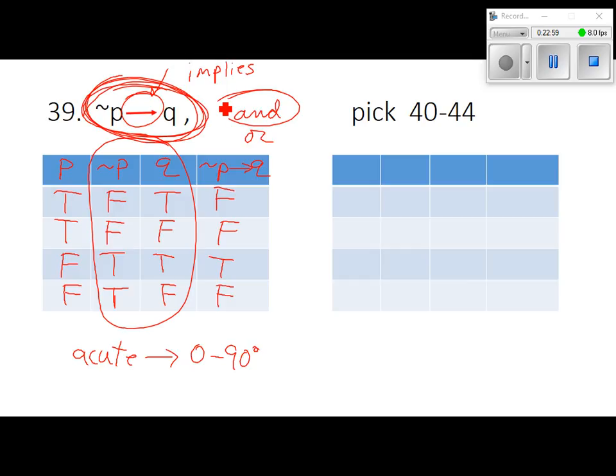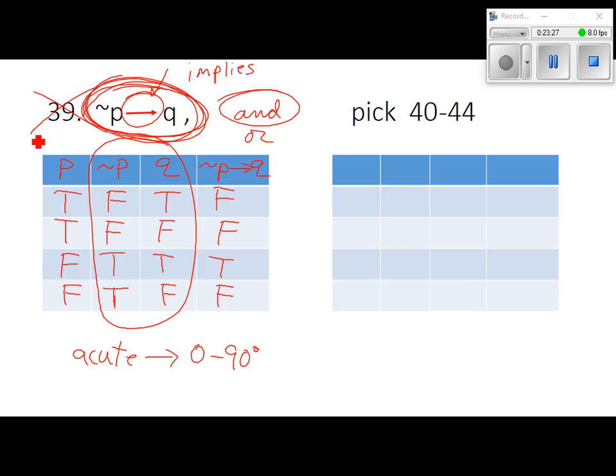We're going to make a list of statements for you. How about any of the others there, 40 through 44? Everybody sort of understands the truth tables. We're not going to do a whole lot with truth tables.